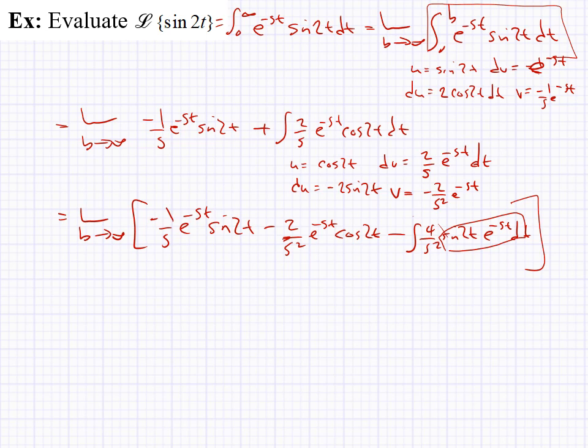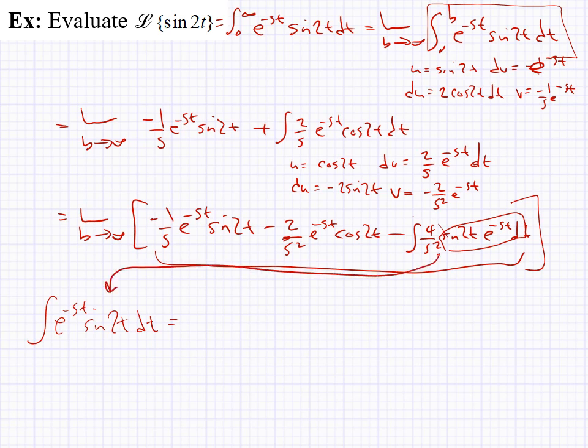To see this easier, you could just look at the integrals themselves. On this side, we have the integral of e to the negative st sine 2t dt. On the other side, we have all this. So if I add this to the other side of the equation, I have a 1 in front of here.